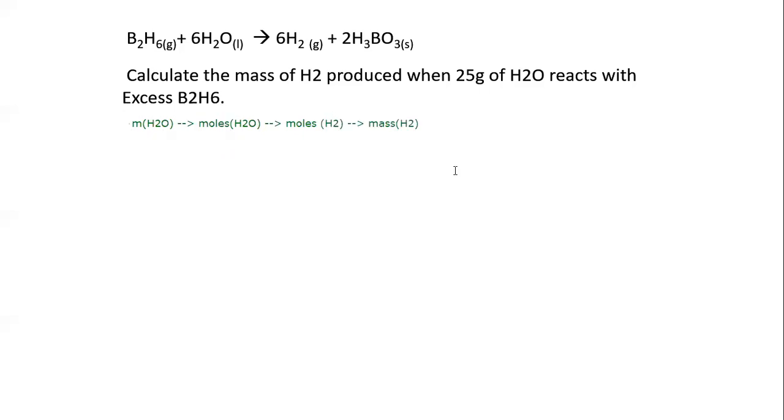And so to do this, we're going to need some molar masses. We're going to need the molar mass of water. And we're going to need the molar mass of hydrogen.